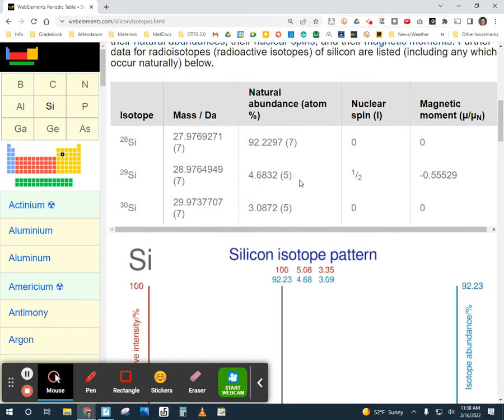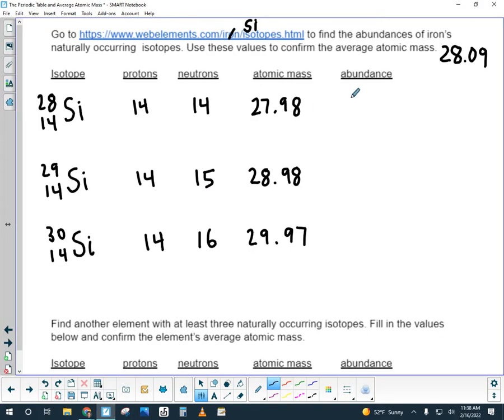I'm actually going to bring them over as a percentage, and then we're going to turn them into the decimal version of that percentage. So for silicon-28, I'm going to bring over 92.23%. And actually, I'm going to write that a little bit smaller and move it up just a bit, because that's not the version that I want to include in the calculation.